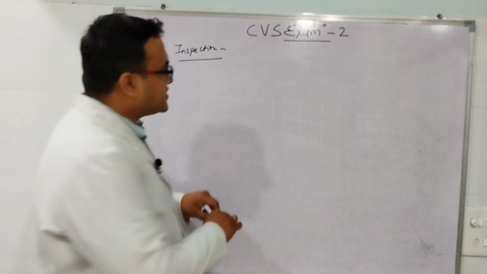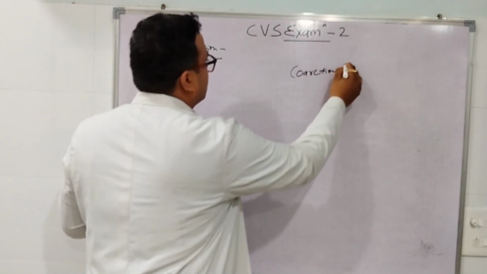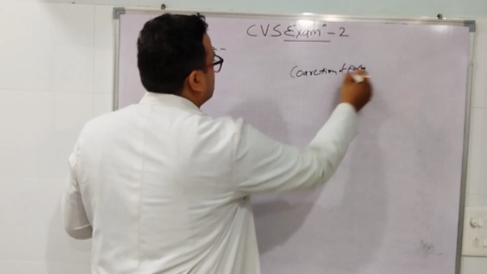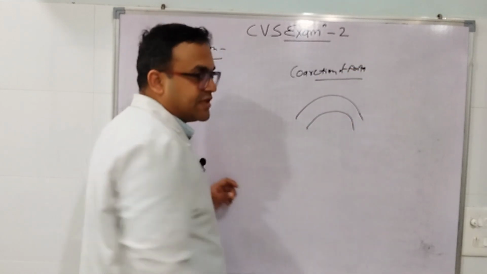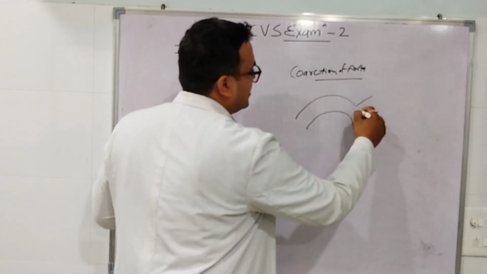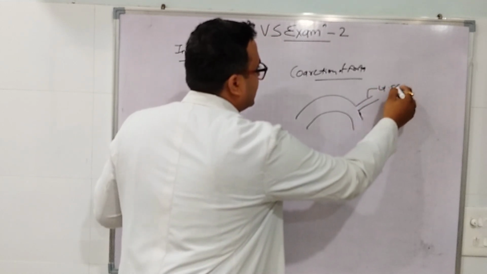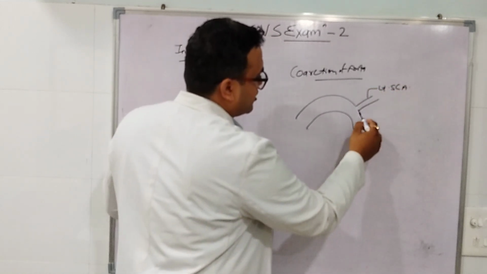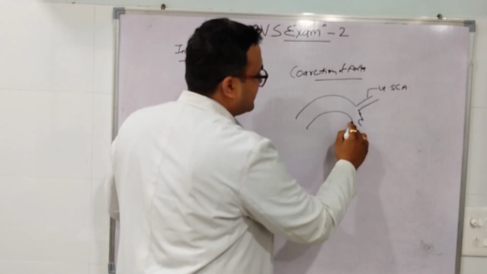Now what happens in coarctation of aorta? Most commonly the coarctation occurs just distal to the left subclavian artery.